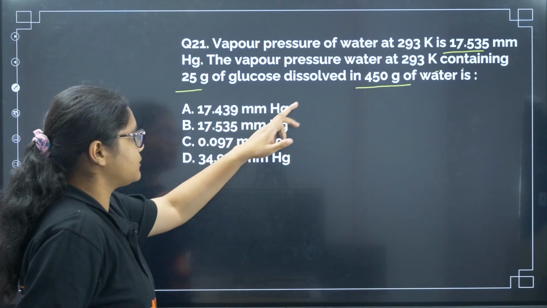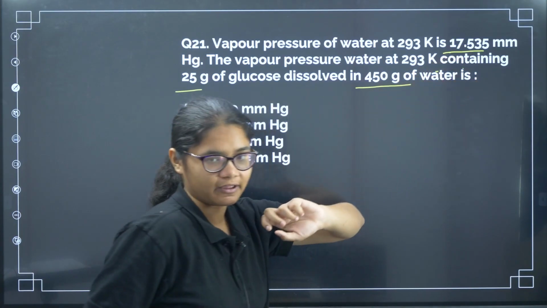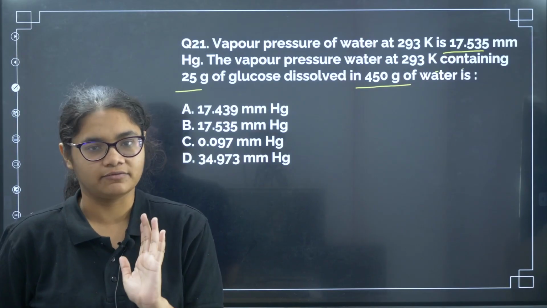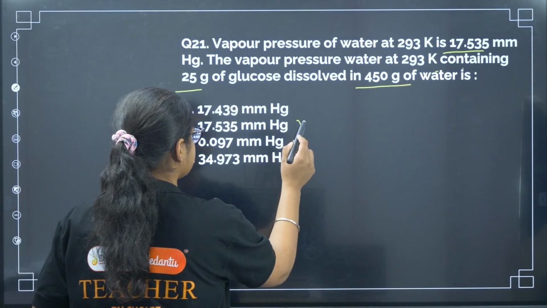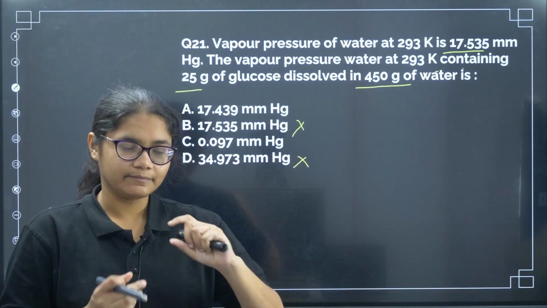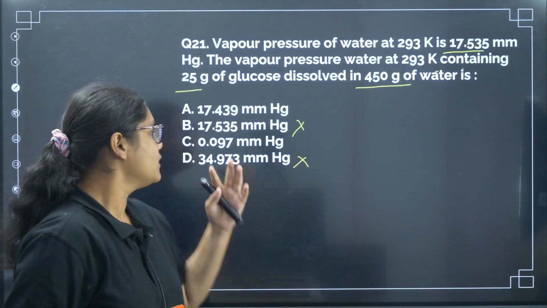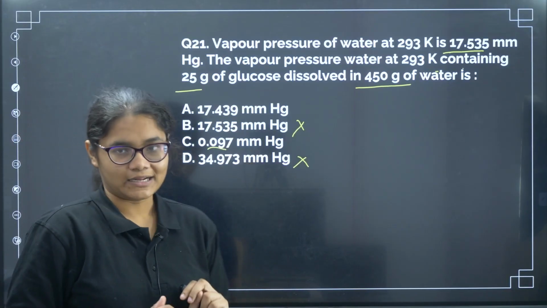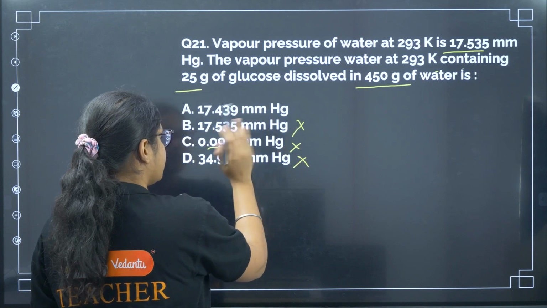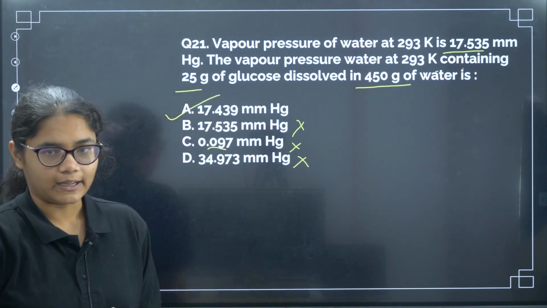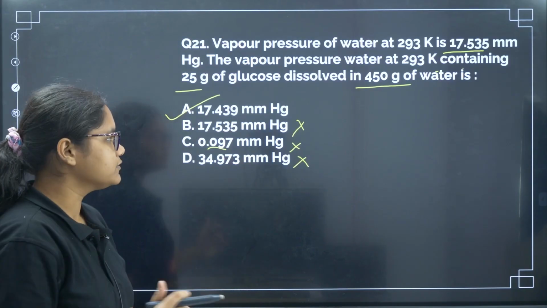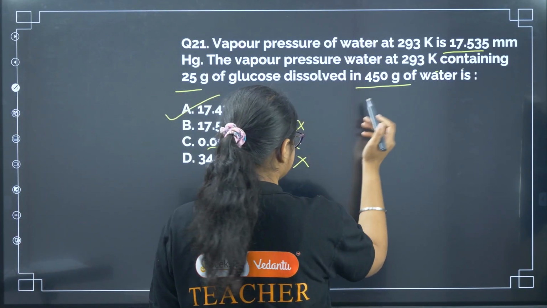The original vapor pressure of water was 17.535, so the new vapor pressure will definitely be less than 17.535. So we can eliminate this option and this option, right? Now the decrease is small, it is not going to drop from 17 to 0.097, so this option is also incorrect. The most relatable option will be option A, because it has decreased and the decrease is not very drastic. But I'll tell you how to solve it with the formula.